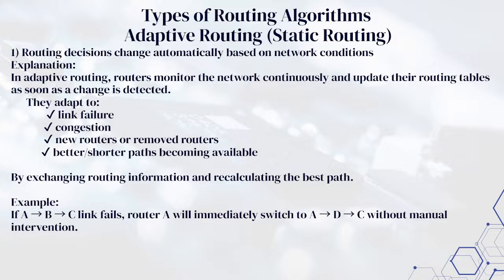In non-adaptive we said that the network condition will not change, but here, depending on the routing decision, it will automatically change. That is the first point. Now here the example is, if I want to send information from A to C, I send it A to B then C. What happens if the link A to C fails?